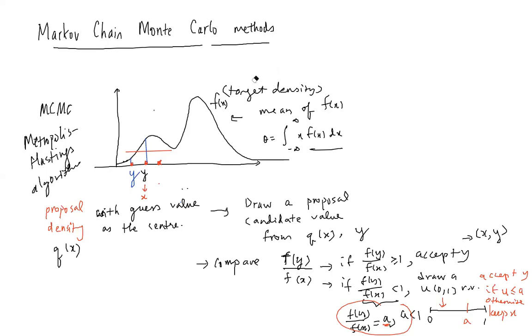So suppose this happens, then this candidate value is not accepted. It is rejected, so we erase it. And for the value, we retain it, right? So we add another value here.